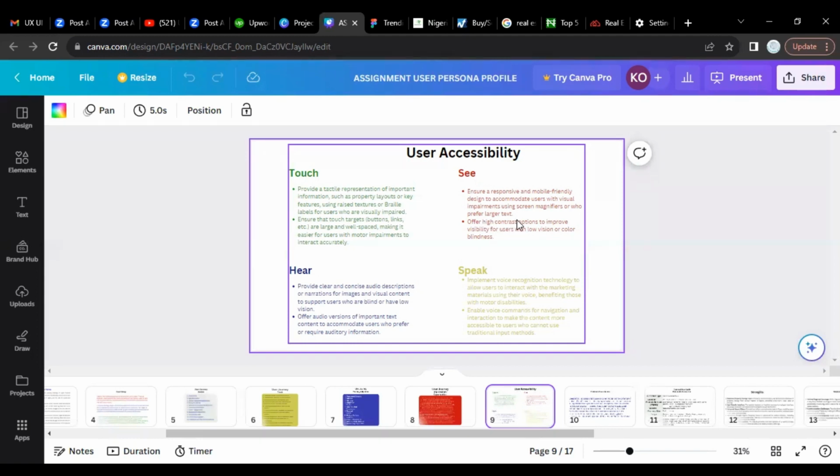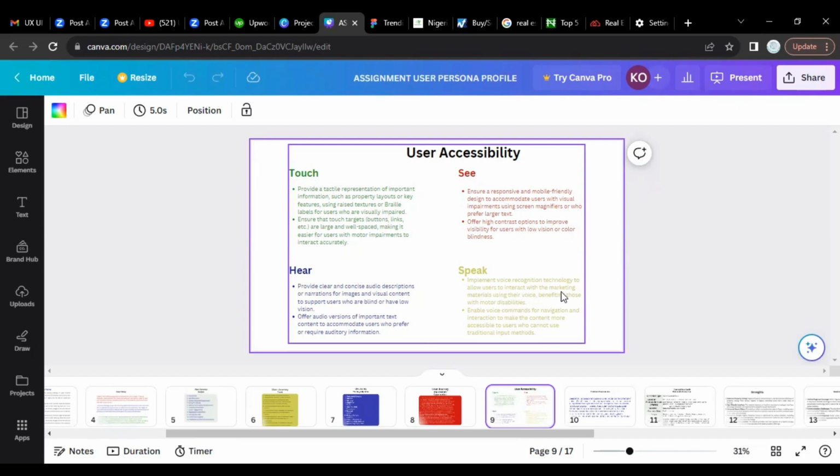The screen magnifier is also okay, I think the iPhone has the feature. Offer high contrast options to improve visibility for users with low vision or color blindness, visually enhancing the overall brightness. Okay.